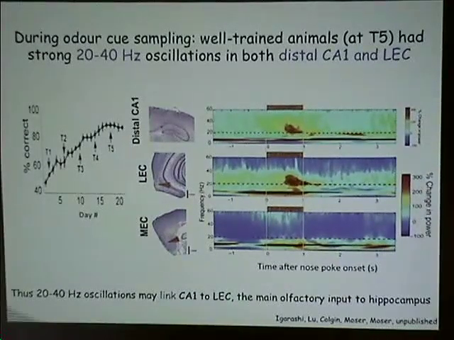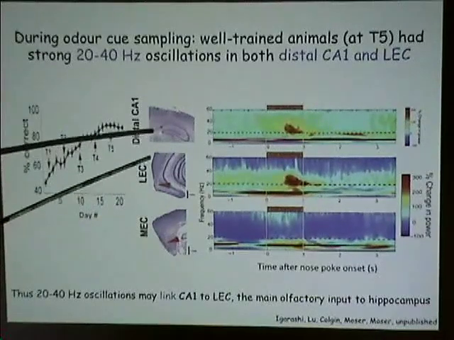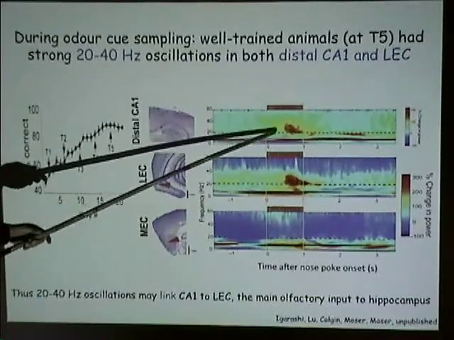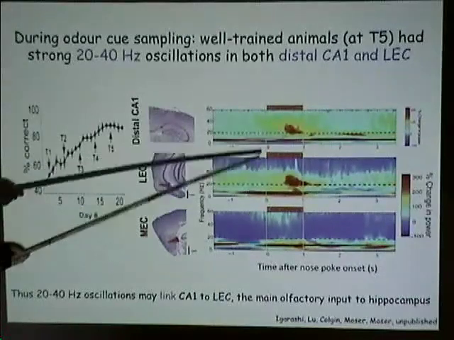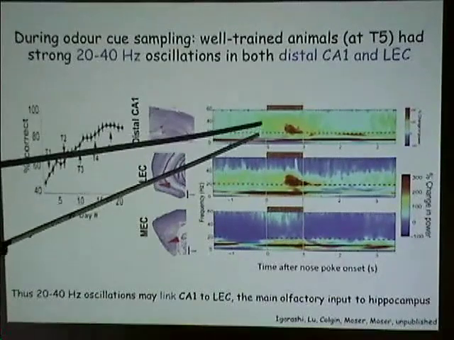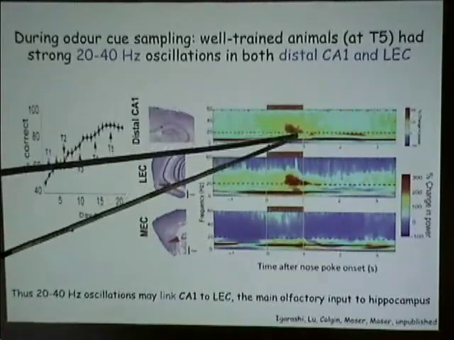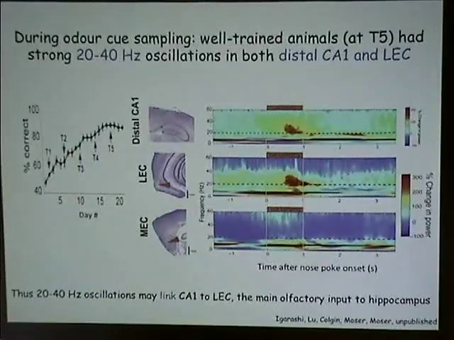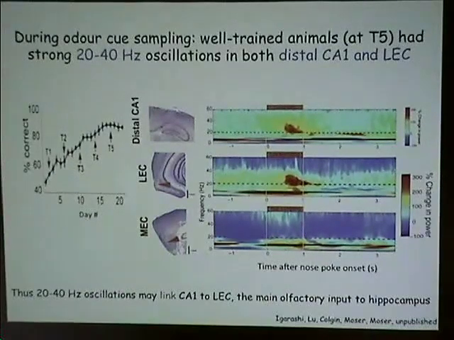And what you can see is that during that second, starting approximately 200-300 milliseconds into the period, which is about the time it takes for the odor to come into the nose, then very prominent activity begins in the 20 to 40 hertz range. So I don't call it gamma because it's quite low. I don't call it beta either because it goes up to 40. So the simplest is just to call it 20 to 40.